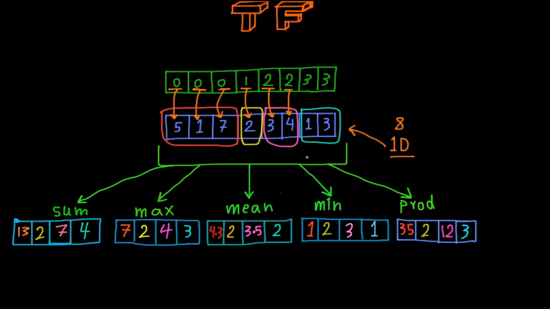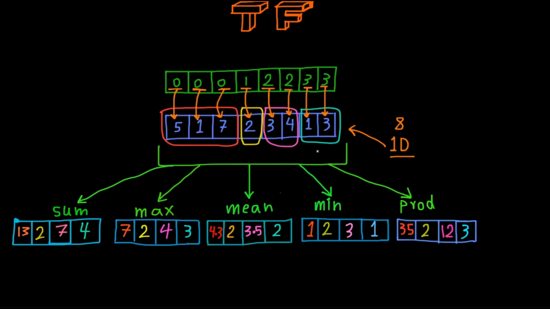So we will create a group that contains 3 and 4. We will do the same thing here, and the corresponding elements in our input tensor are 1 and 3. We will create a group that will contain them, as you can see here.